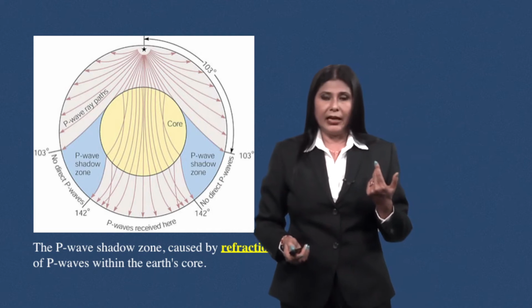That means it was encountering a liquid layer, because we know that P waves can travel through liquid, but they start bending and the velocity becomes less. So, from that we came to know that somewhere down there a liquid layer is present. And there is also something called the shadow zone.